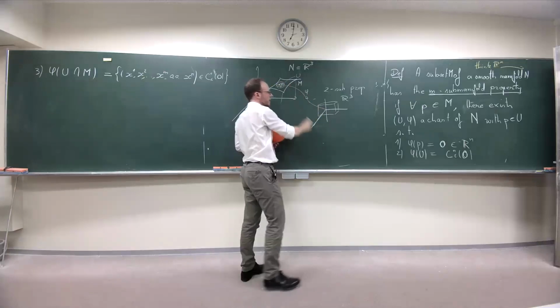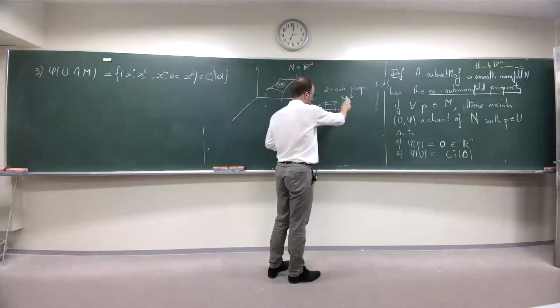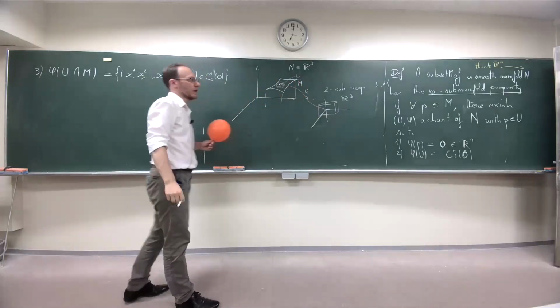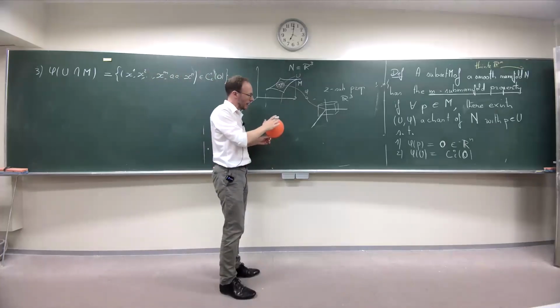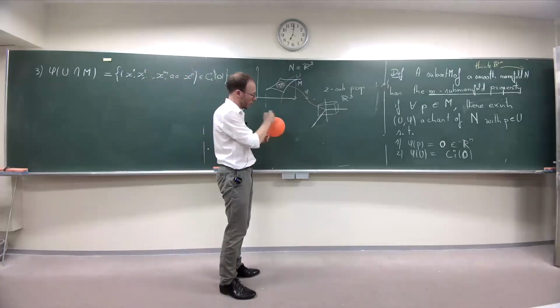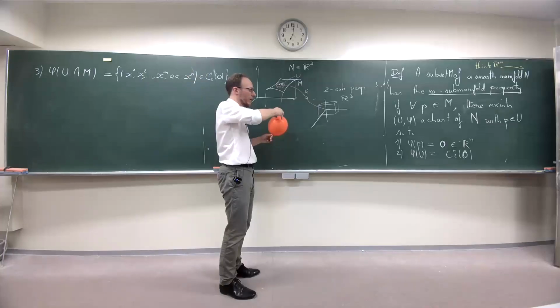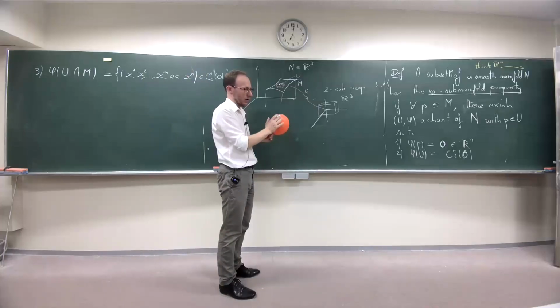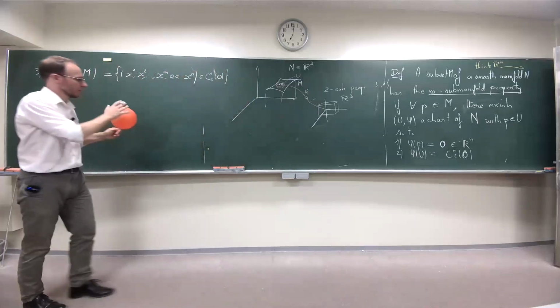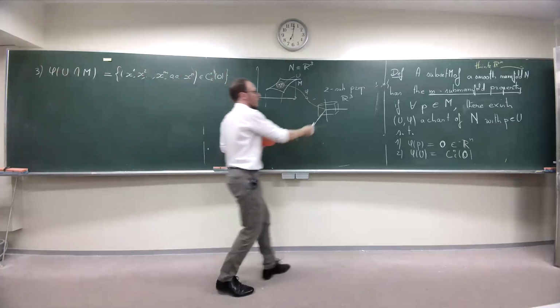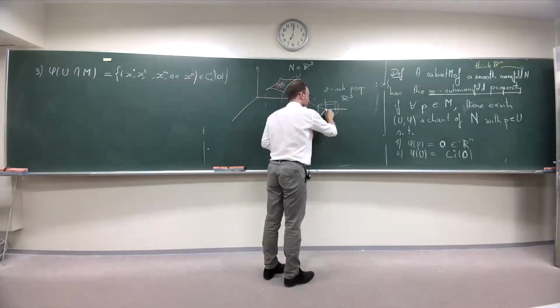Then this ball is sent to this open cube. This is always possible. But the last thing is that the intersection of the ball in R3 with my manifold is sent onto the floor of this cube.